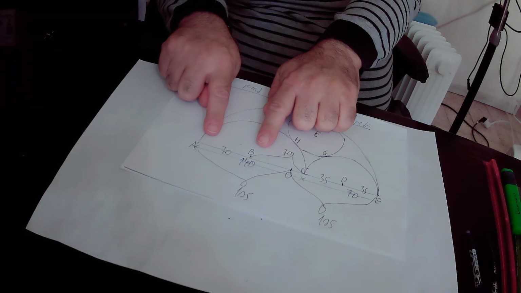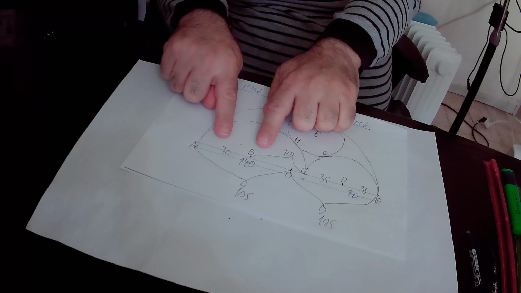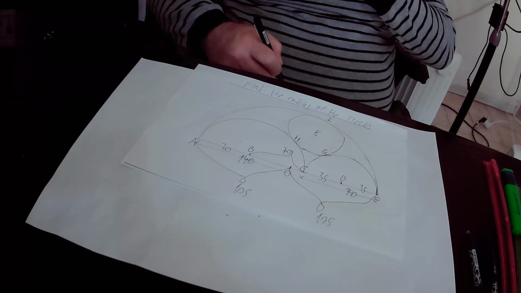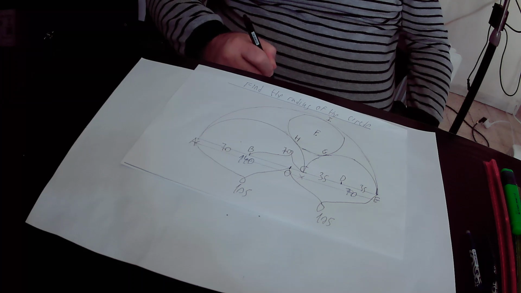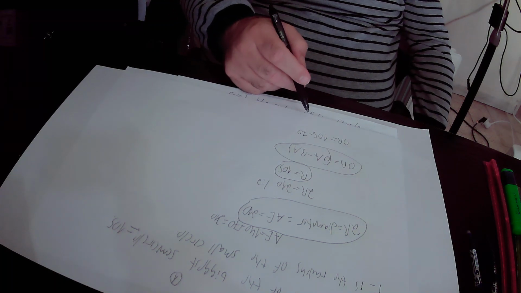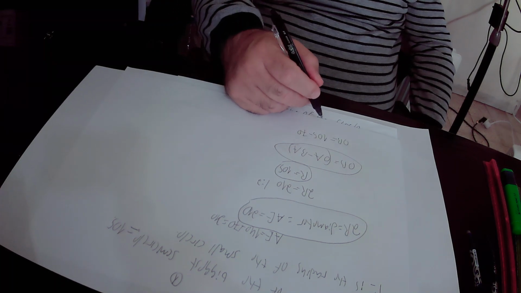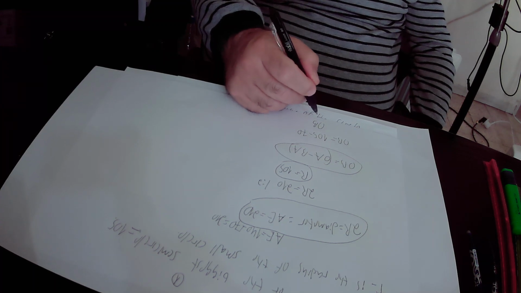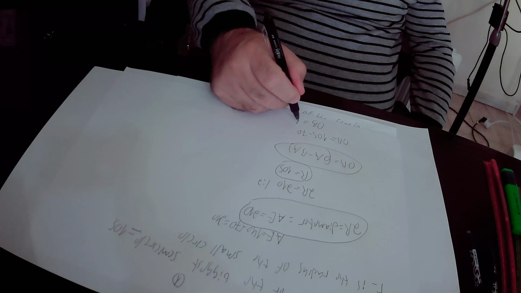BA is the radius of this semicircle that is equal to 70 units. Therefore, we substitute BA by 70. In conclusion, we found out that OB equals 105 minus 70, that is 35 units. So line segment OB equals 35 units in its length.